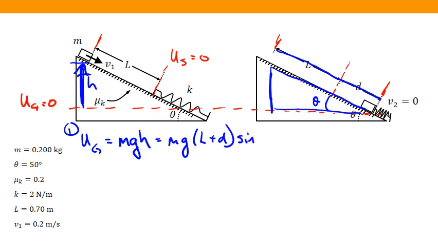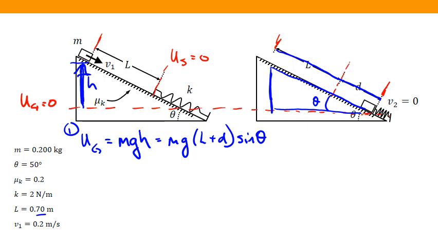So this is going to be a sine of theta. So it's mg, L plus D, sine of theta. And remember, m is just my 200 kilograms. g is 9.8 meters per second squared. L plus D, well, L I know. L is going to be my 70 centimeters, but D I don't know. That's the thing I'm going to want.